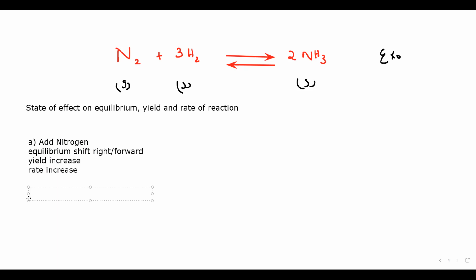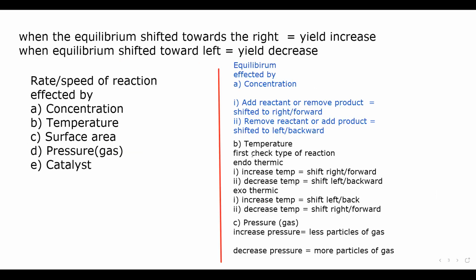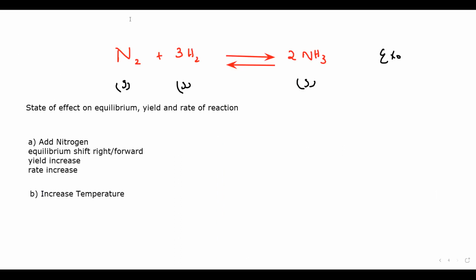we know this reaction is exothermic. So for example, if I increase the temperature, in exothermic reactions, as we increase the temperature, the equilibrium will shift towards the left hand side.